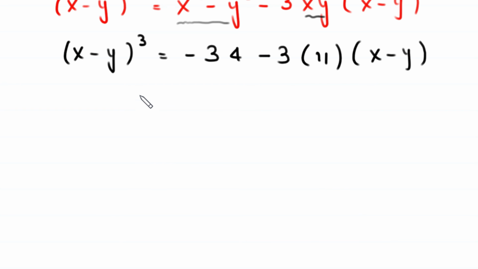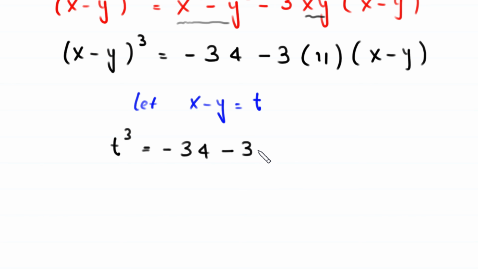Now we suppose that x minus y equal to t. So the equation will become t cubed equal to negative 34 minus 33 times t.